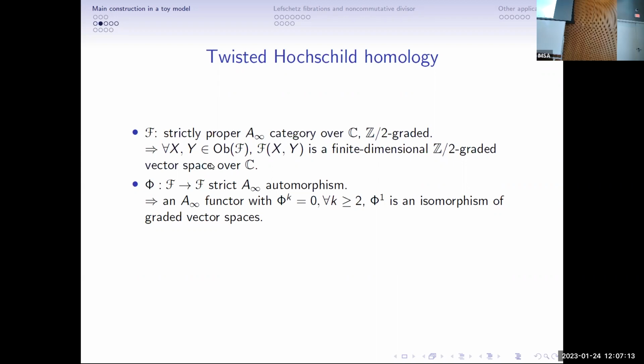And because it's an automorphism by assumption, phi 1 is an isomorphism of graded vector spaces, and it commutes with the differential. Of course, you might criticize this as a pretty strong assumption to put on an A-infinity automorphism, but in reality, you can always enlarge your category to introduce more objects, so that this new category is isomorphic to the previous one, and the induced automorphism on the new category is a strict A-infinity automorphism.